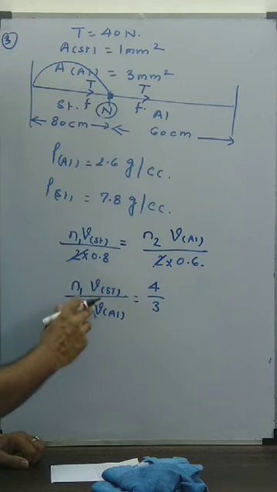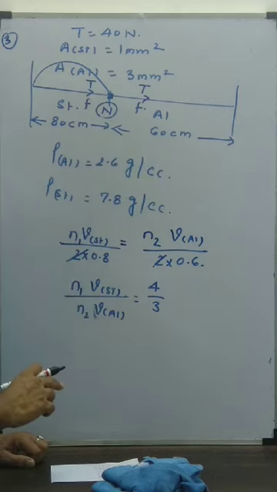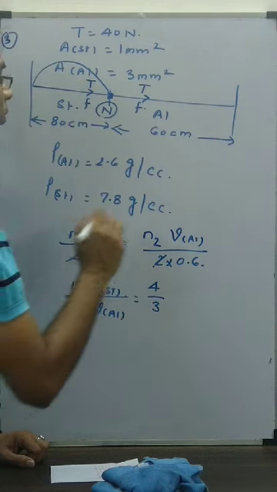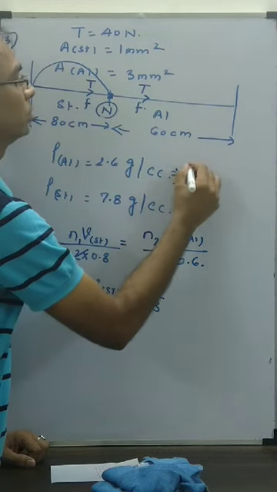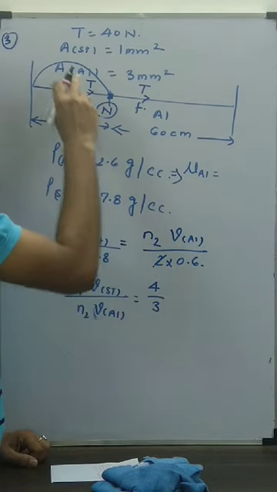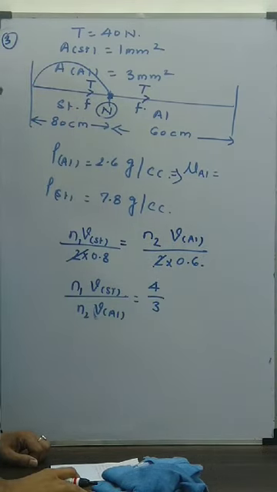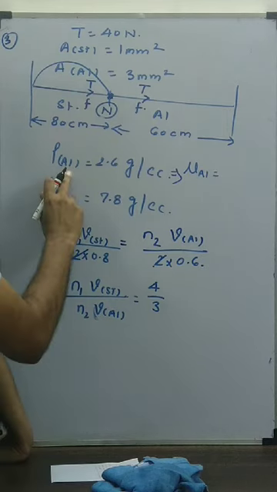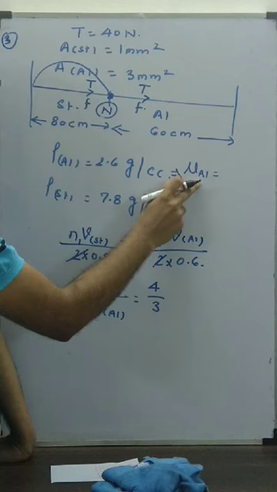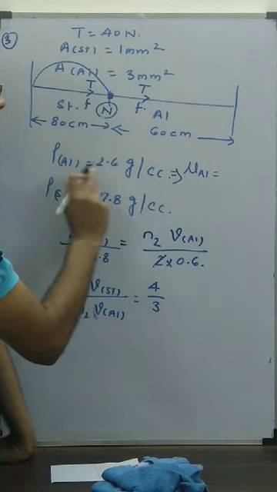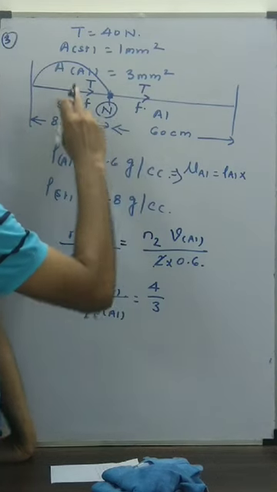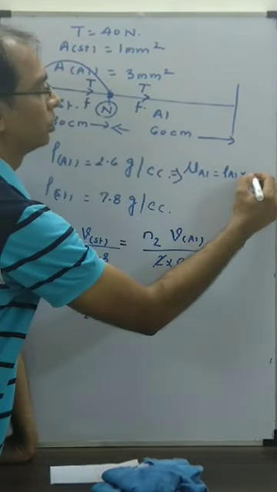Now this velocity in steel and velocity in aluminium I am going to find because I have T also and I have mu also. First of all, we will find mu. What is mu of aluminium? Rho is given to me and area also is given to me. Rho means mass by volume, and mass by volume into area will give us the mu value. So rho aluminium into area of aluminium, into 3 mm square.